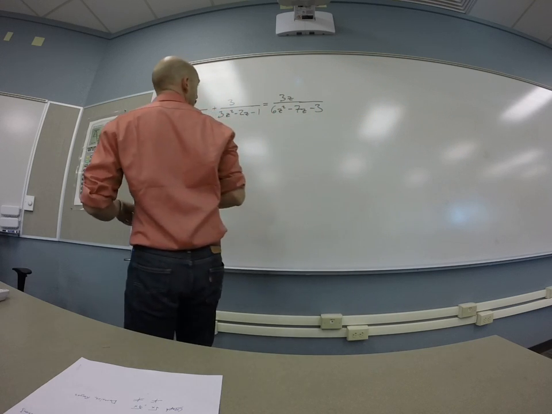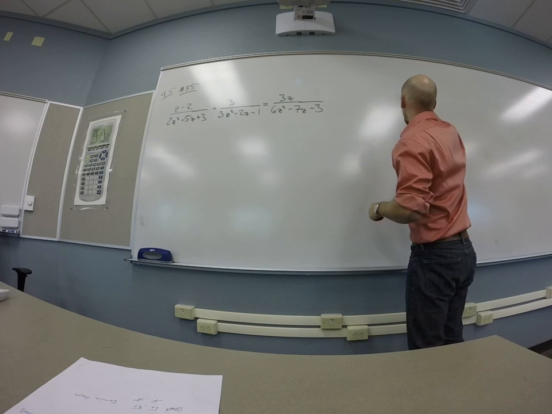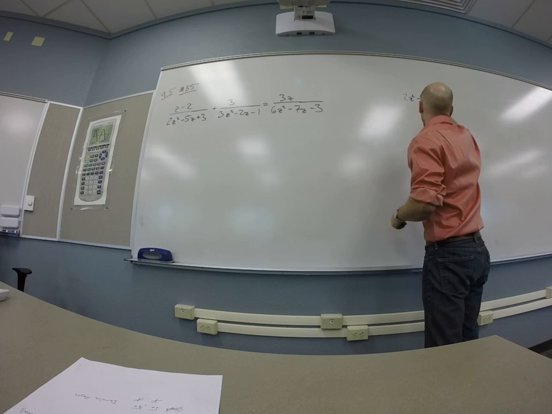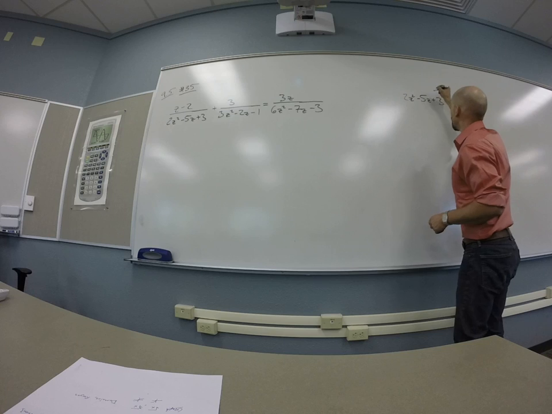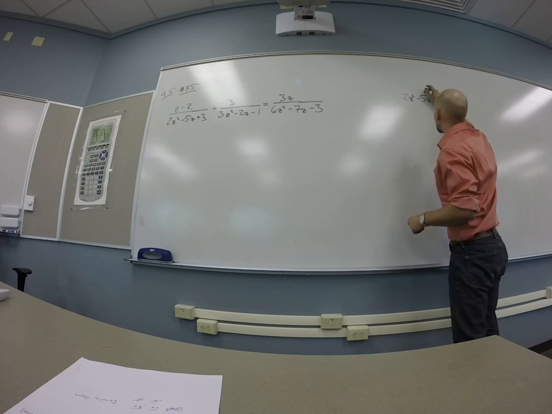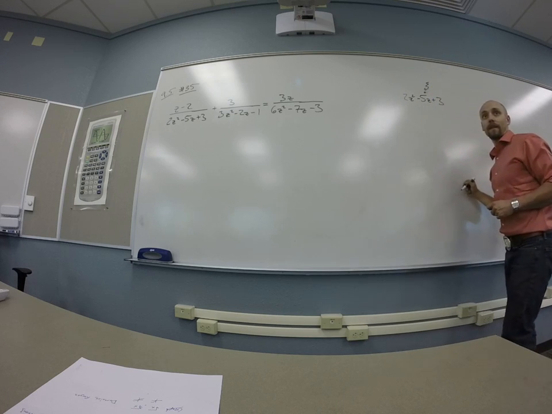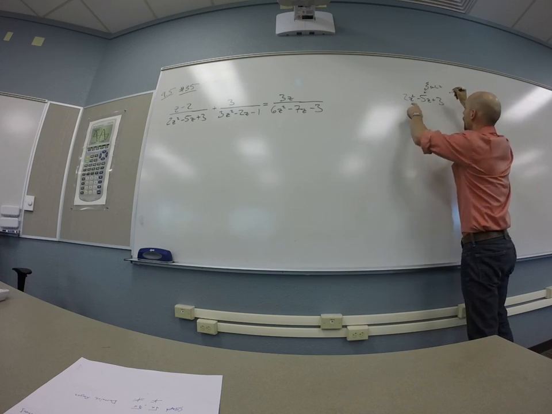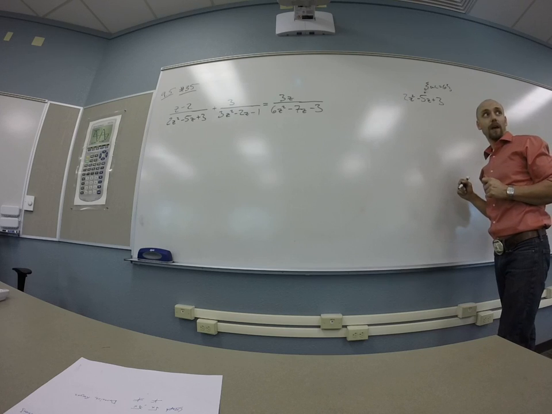So let's see. I want to factor 2z squared minus 5z plus 3. I look at this and I think, you want to multiply to 6 and add to negative 5. So AC is 6.